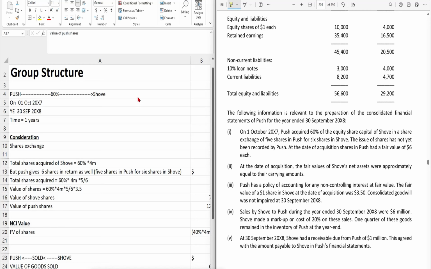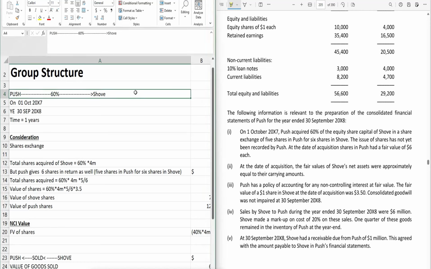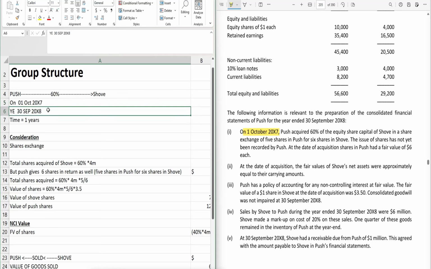Okay, so that's why I have made a group structure like this, and what the question says, it has been acquired on the 1st October 20x7, and this is very important, that's why I have written it here. So on 1st October 20x7, Post acquired Solve. Okay, so now our year end is 30 September 20x8. So that means it's a 1 year acquisition. There is no mid-year acquisition case.